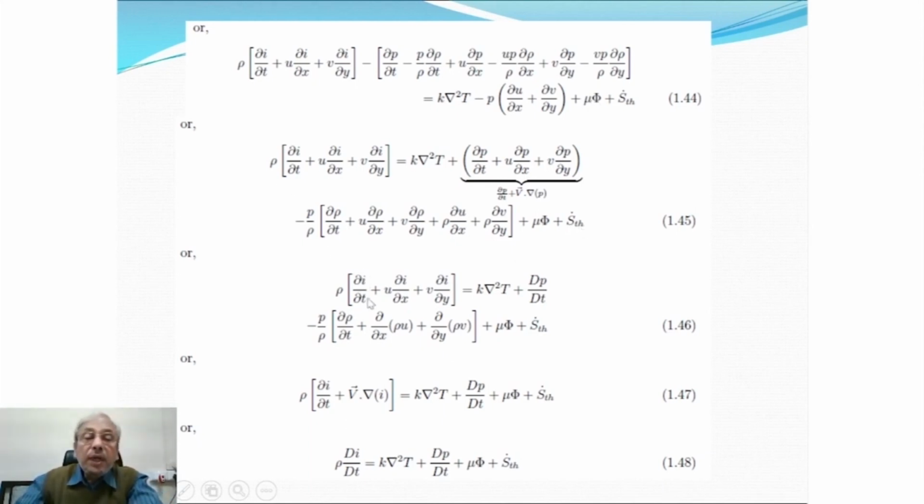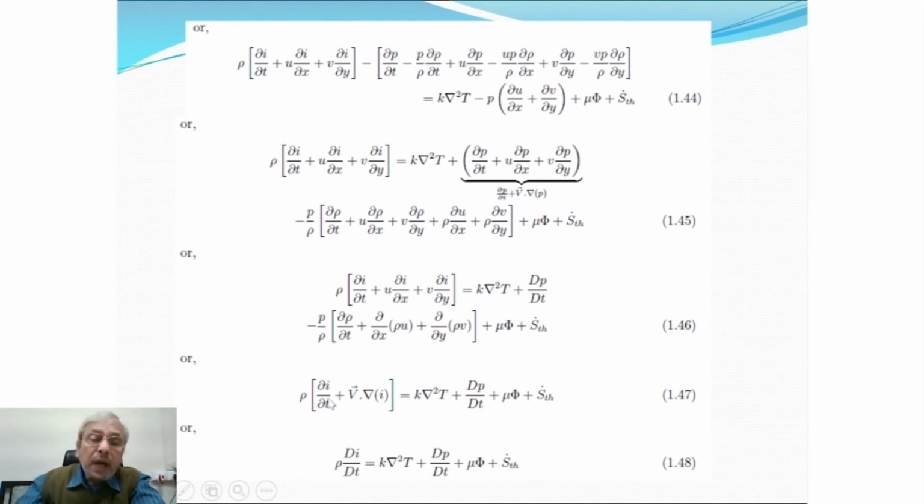So again rho del I del T plus U del I del X plus V del I del Y equal to K grad square T, and this we can write as the total derivative of pressure, dP dt, and these terms can be rearranged as minus P by rho, del del X of rho U, and del del Y of rho V, plus mu into phi plus S dot TH, thermal energy generation rate.